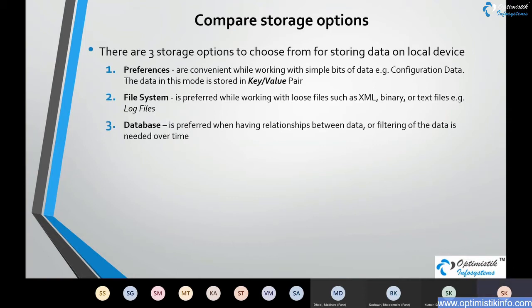Then I have the file system support also. If I'm working with some loose data files like XML, JSON, binary, or text, maybe to store some information like logs, I can think of using a file system. A typical hierarchical file system is available, just like any computer system, where I'll be using simple file IO APIs.